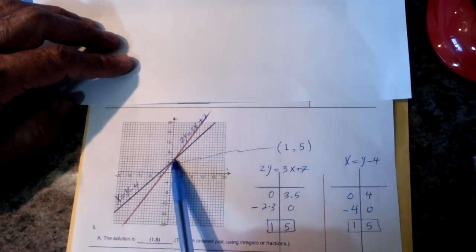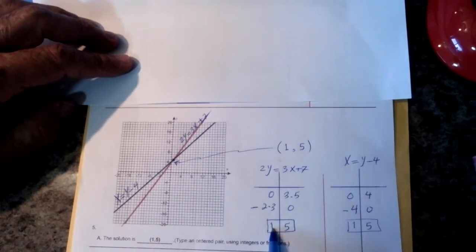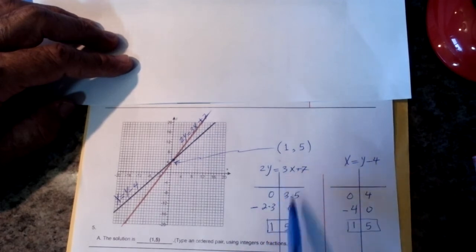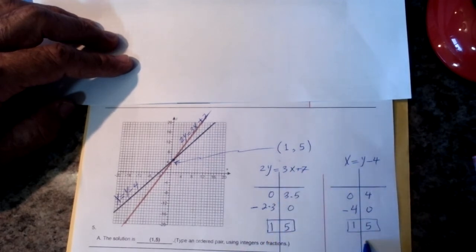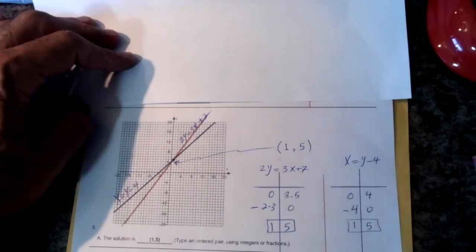Now, to see if this answer is correct or not, I put (1, 5) in both equations, and it works. On the first one, if I put x equal 1 here, then y is 5. And also on this one, when I put x equal 1, y is 5. See, they both have this point in common. So that is the point of intersection.